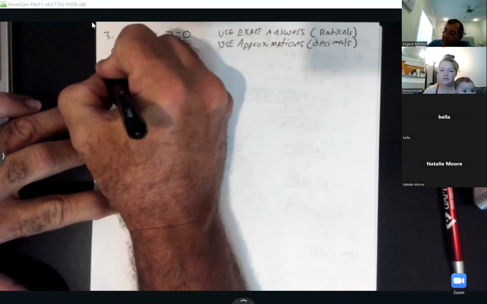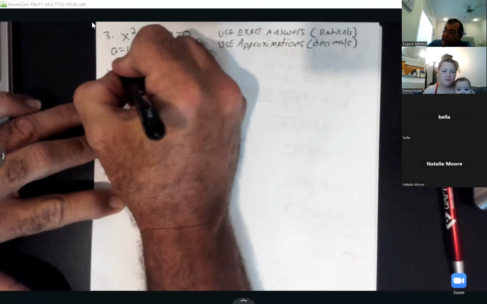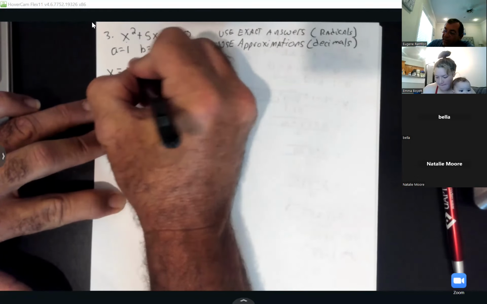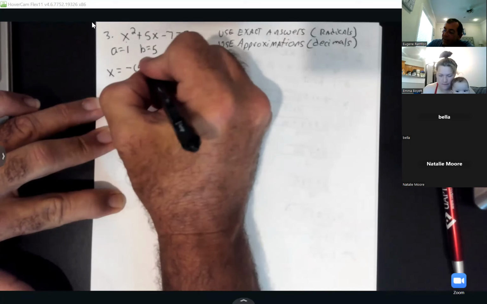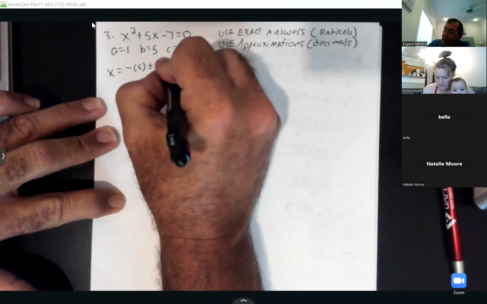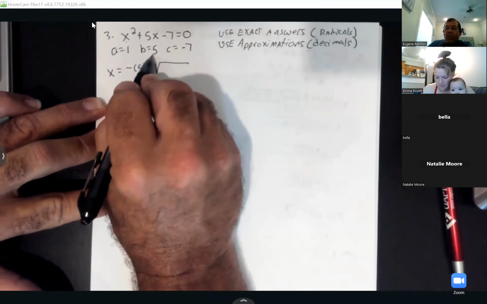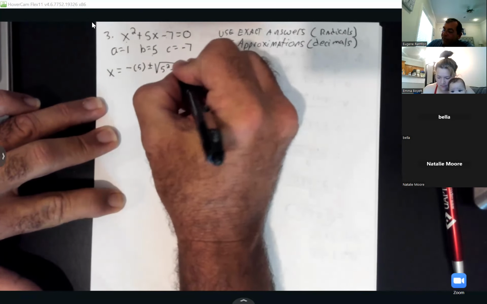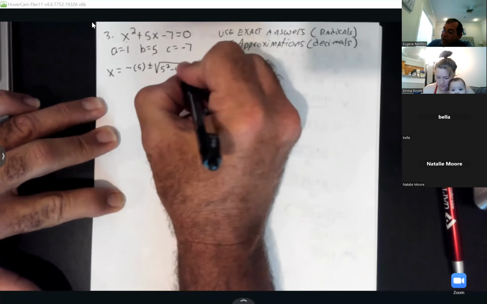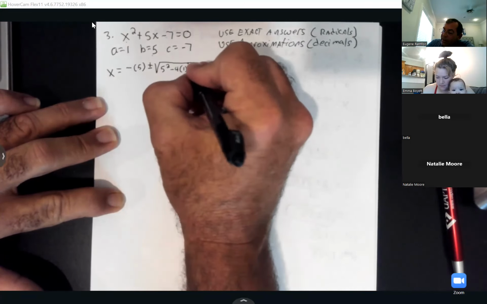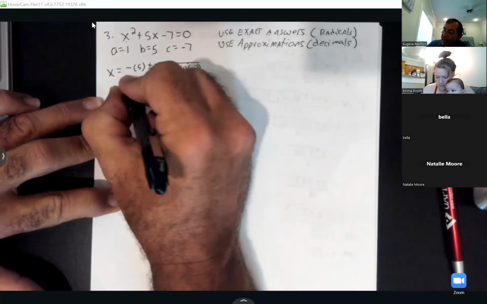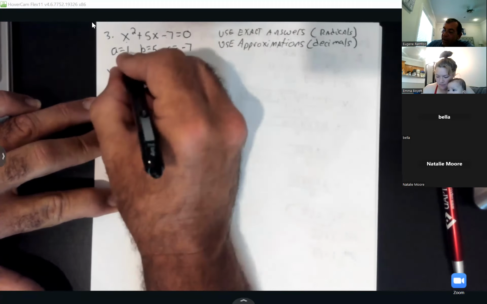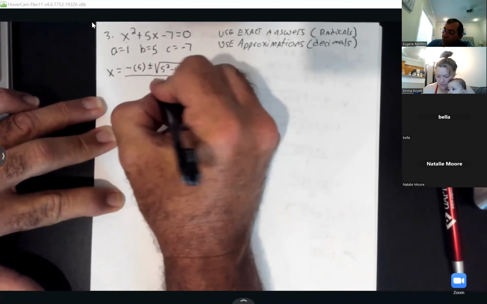So y'all, here we go. X equals -b, which is 5, plus or minus the square root of b squared, which is 5 squared, minus 4 times a, which is 1, times c, which is -7, all that over 2 times a, which is 1.